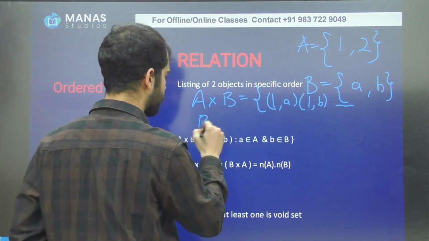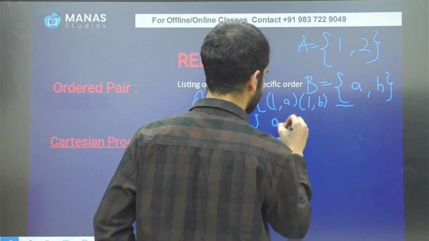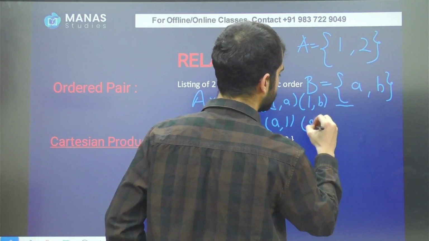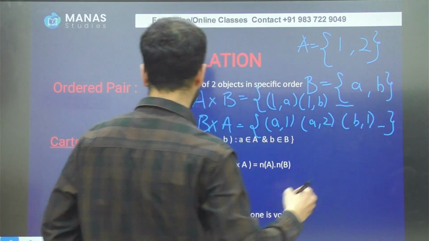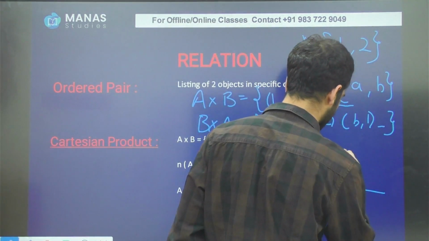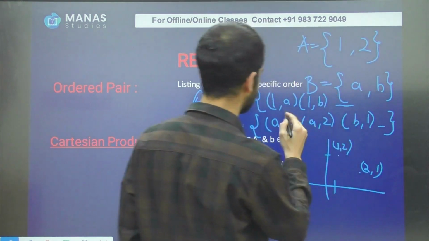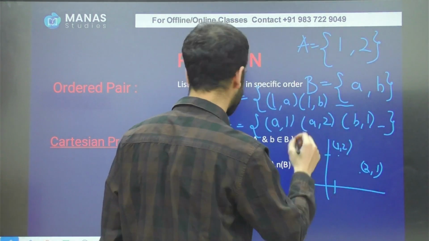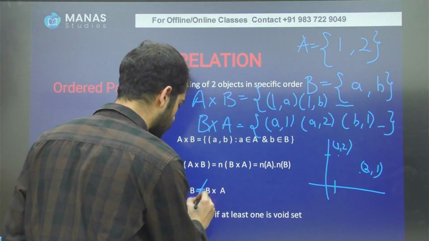Whereas in the case of B Cartesian A, they will become a1, a2, b1, and so on. As we saw in that coordinate figure diagram, the point 1, 2 is not the same as the point 2, 1. Similarly, this 1, a is not the same as a, 1. So it will be appropriate to say that these two are not equal.